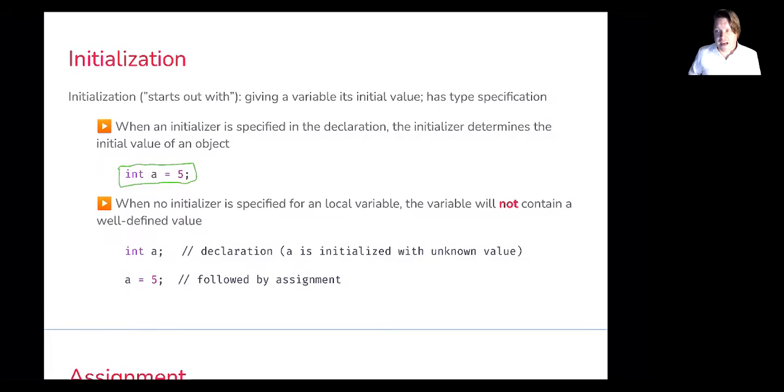When no initializer is present for a local variable, and there are some distinctions when you're looking at other classes of variables, the variable will not contain a well-defined value. This might not be the best analogy, but you grab a box off the shelf and say, this is the box where I'm going to store my coin.